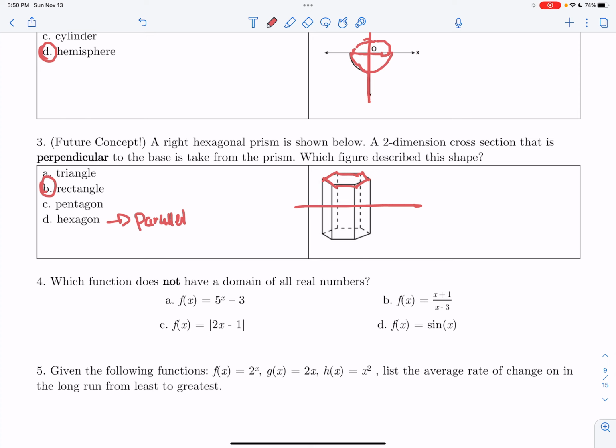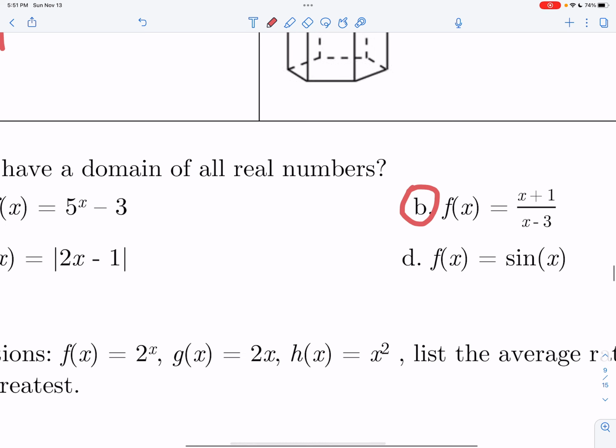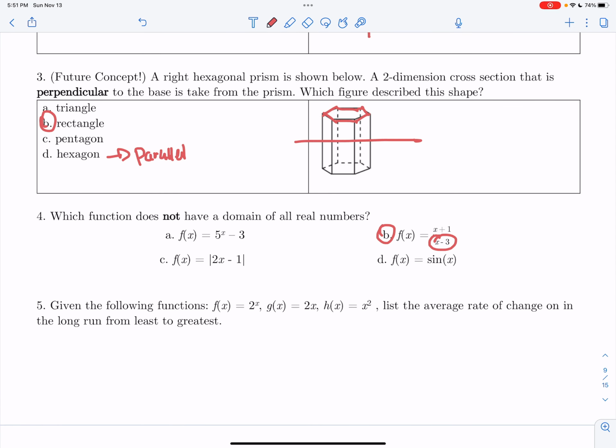But knowing context clues and what we have learned about rational functions, we know that for B, it's going to be undefined at +3. So that's why our answer here is B. We don't necessarily know what the sine function looks like at this point right now, but if you were to graph this on Desmos, you're going to see that it's going to look something like this.